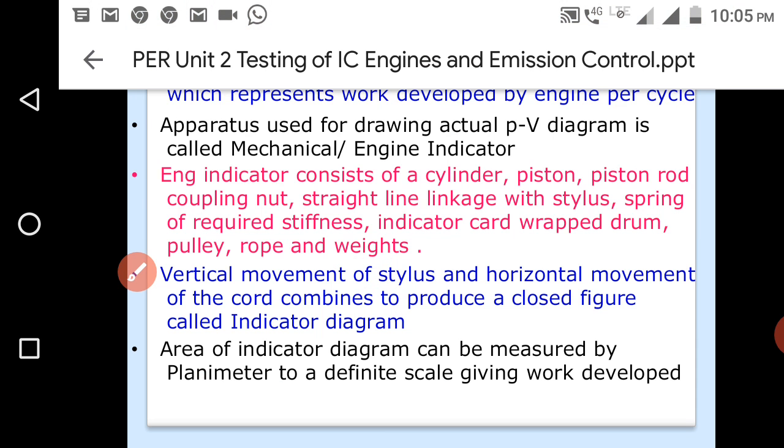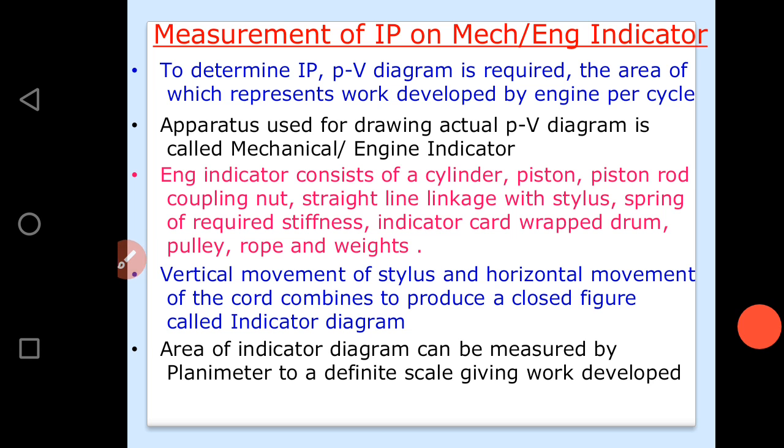To determine the indicated power, a PV diagram is required, and from that PV diagram we found the area, which represents the work developed by the engine. We found the area by considering the indicated mean effective pressure, and with the help of that pressure we calculated the area of a rectangle whose length is the swept volume and whose height is the mean effective pressure.